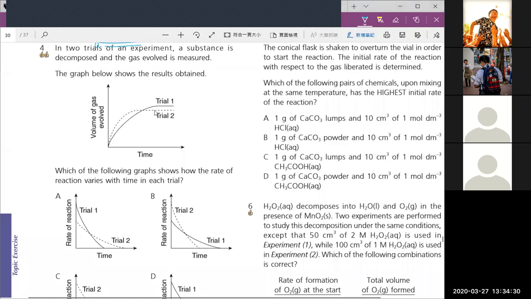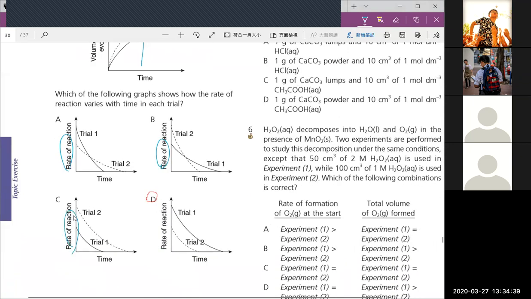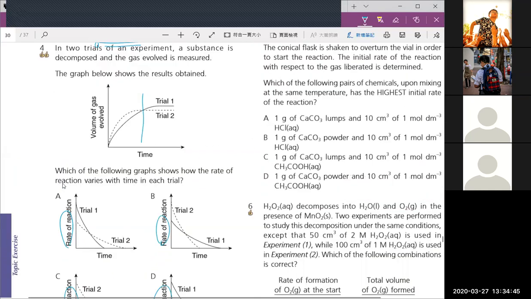But if you take a look at the A, B, C, D choices, you just need to know something about the rate of reaction, the change in rate over time. Could you please see that? Okay, so just split it into half. Take a look at trial 1.